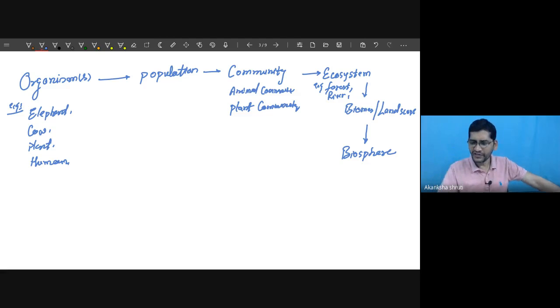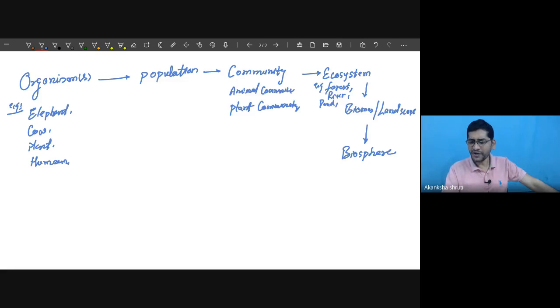The pond, the lake can exist as ecosystems. Even the paddy field, where paddy is growing, but in the water the fishes and other algae are also able to survive. So the paddy field, all these are ecosystems.